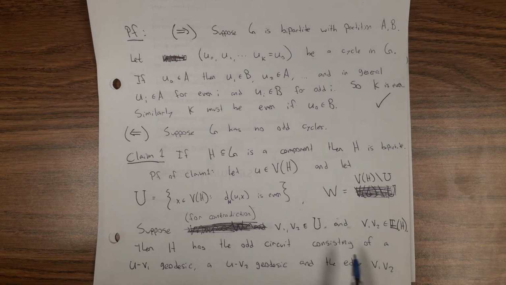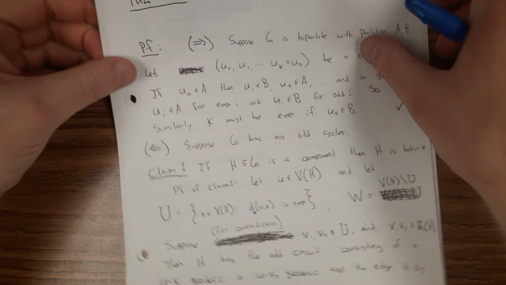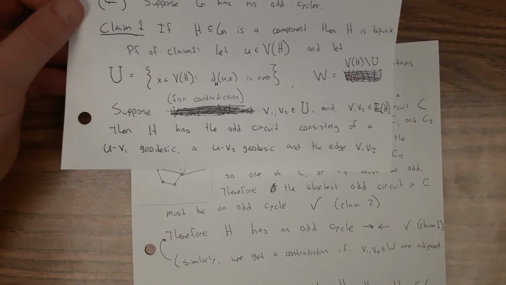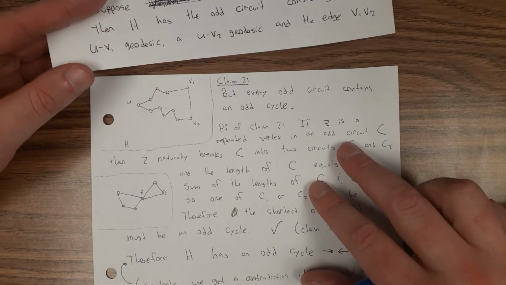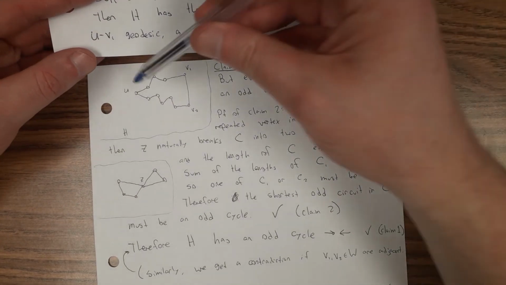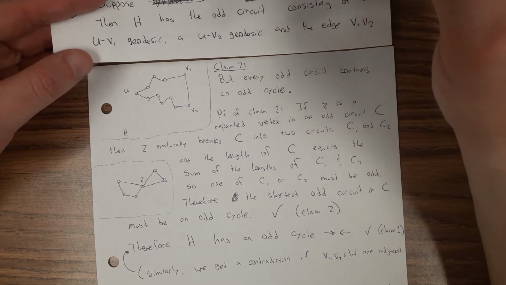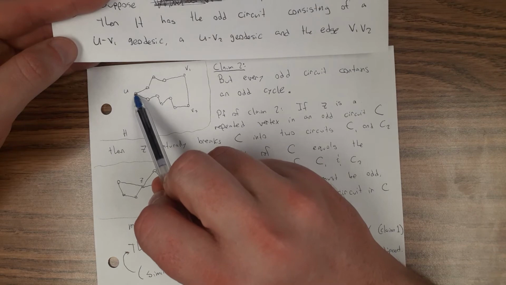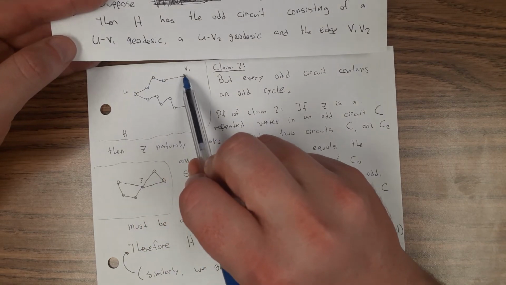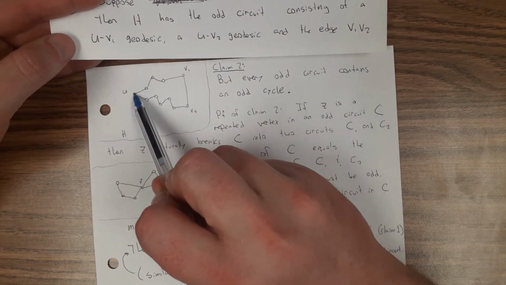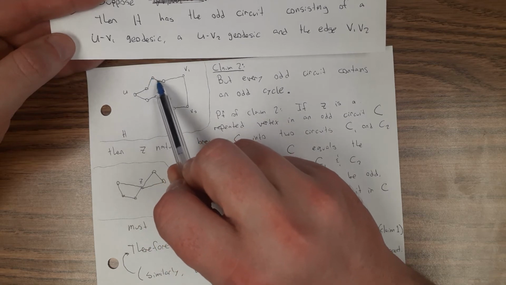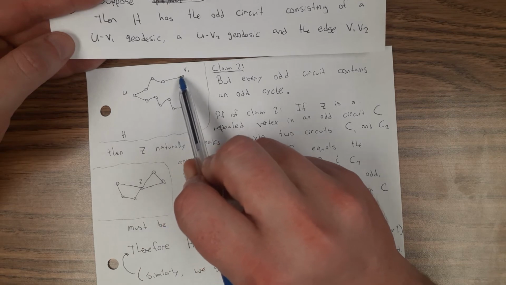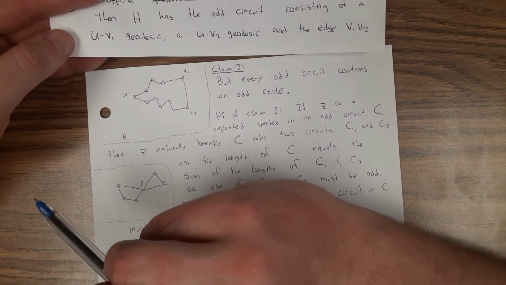I have a picture here. So H has an odd circuit consisting of a u-v1 geodesic, meaning a path from u to v1 whose length is the distance from u to v1.